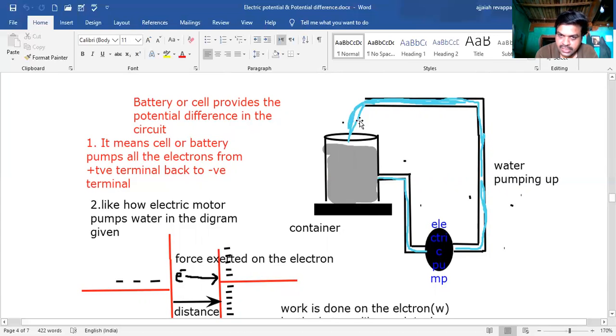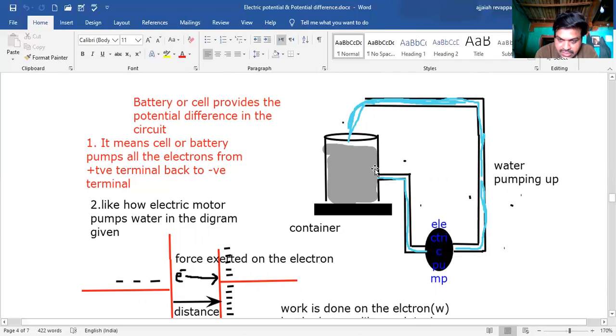So this whole thing resembles your electric circuit. See, this is a continuous and closed path, exactly comparable with your electric circuit. So what is the water here? Water is nothing but the flow of electrons. And what is this end?